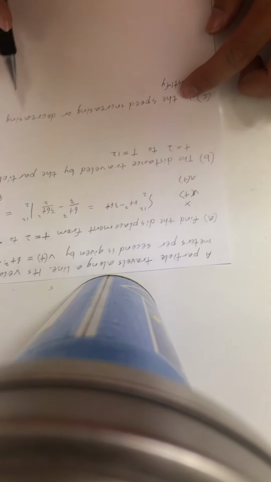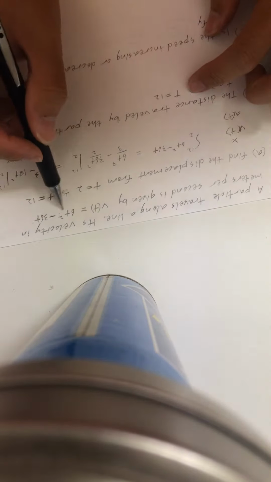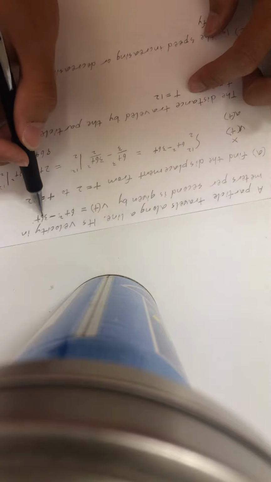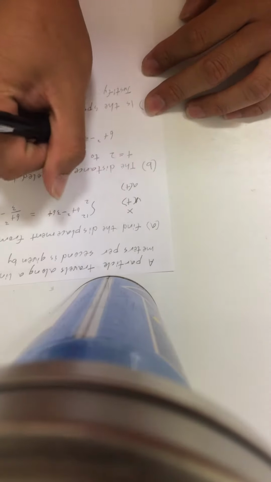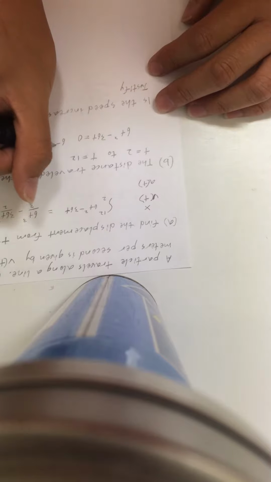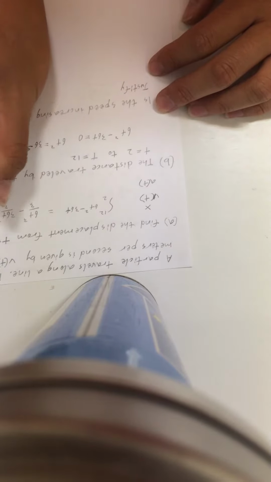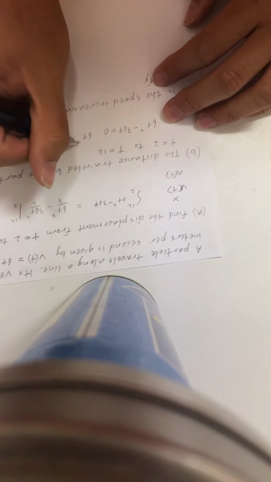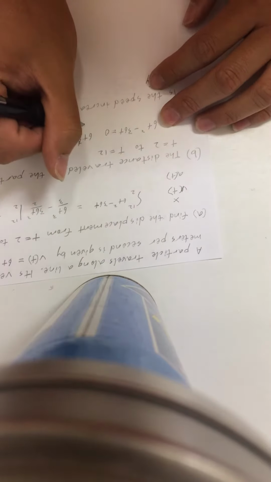So in order to do that, I would find 6t squared minus 36t equals 0 and find t. That would be 6t squared equals 36t. T's will cancel out, and that would be 6t equals 36, and t would equal 6.